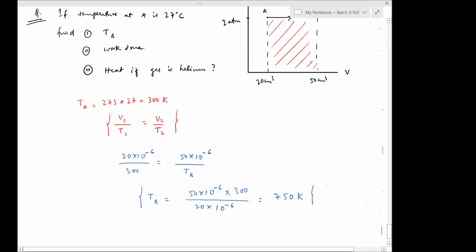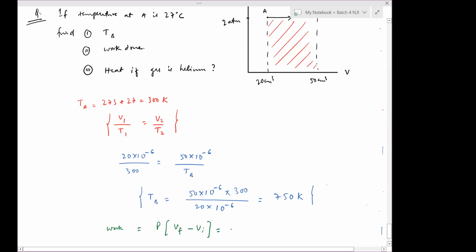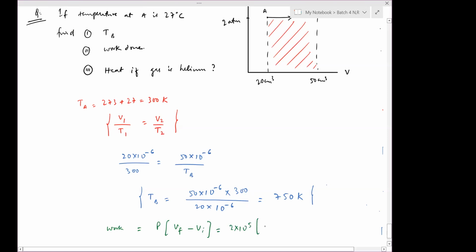Next, work done, which is nothing but the area under this graph. So work equals pressure times V final minus V initial. Nabila, just tell me the value of pressure for this system. 2 into 10 to the power 5. Good. Initial volume 20 and final volume 50.